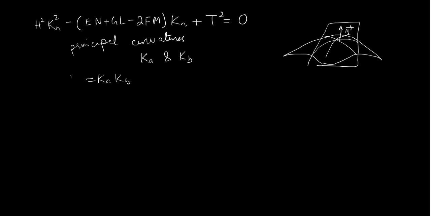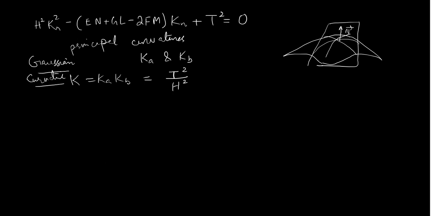We denote it usually by K. Because the product of the roots is the constant term divided by the leading coefficient of the quadratic equation, this is called Gaussian curvature, or in general the curvature of a surface at a point.